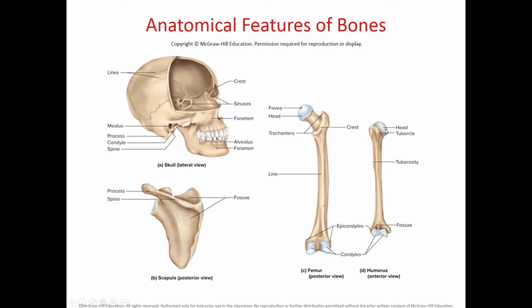Then we have the head, and this will be the neck. This is the neck of the femur. Then we have these tubercles in here. We have a fossa in here, and we have other fossas in here. We have epicondyles, which are raised areas above condyles, which are these ones in here. And then we will learn individual markings for each bone.